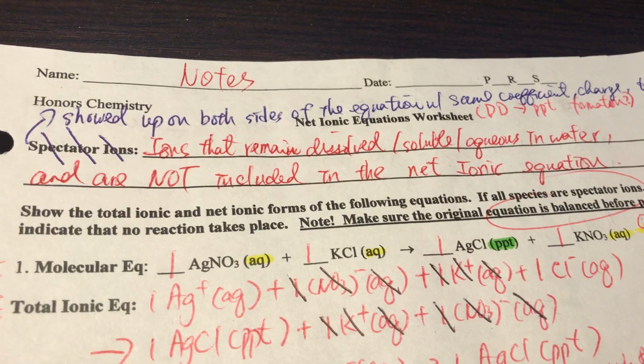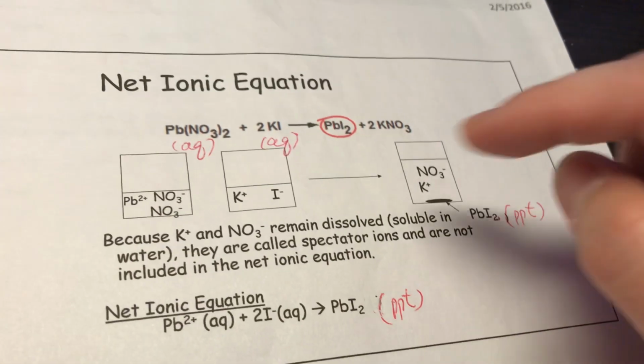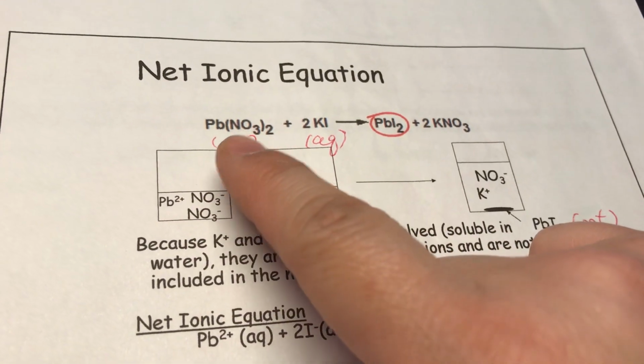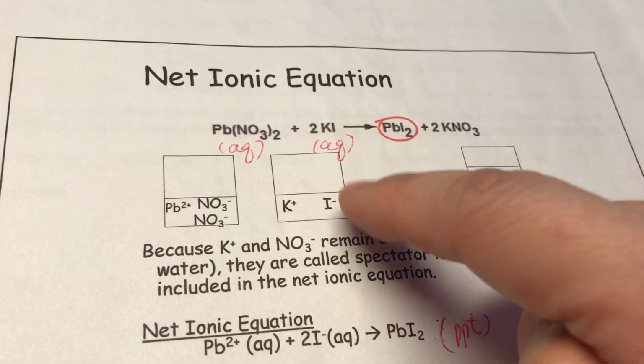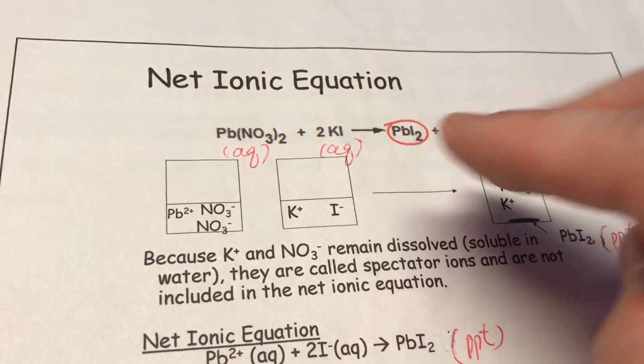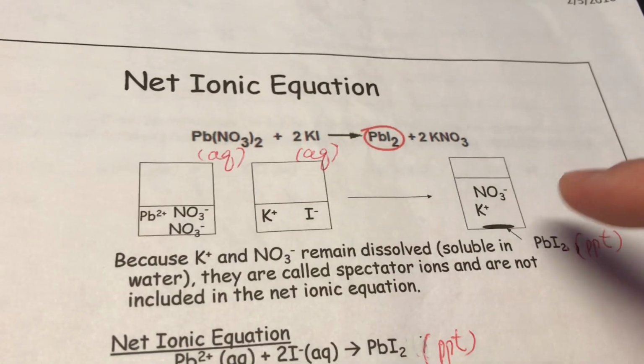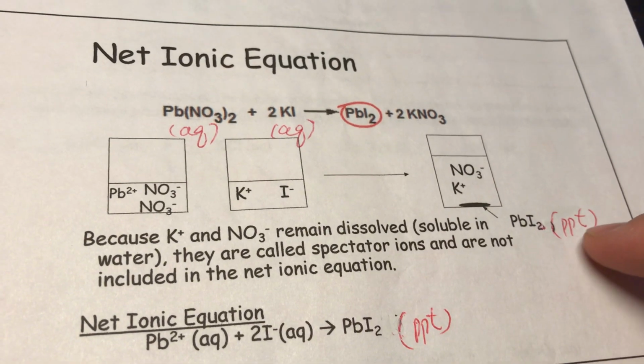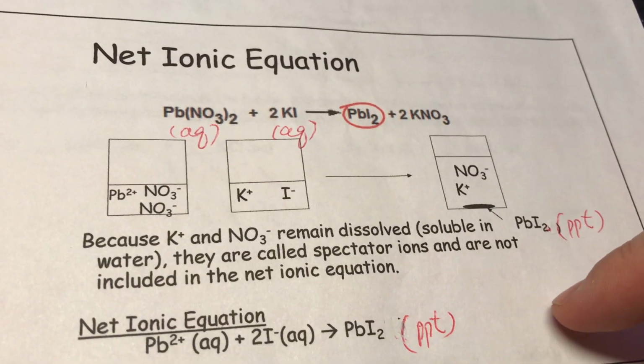Let me show you the picture on the slide here. Now, if I have Pb(NO3)2 and KI in two different beakers, and they are both aqueous, and I pour them into one single beaker together, PbI2 precipitate is formed on the bottom.